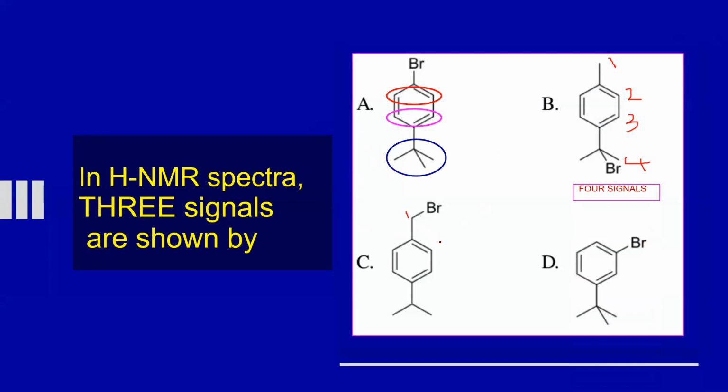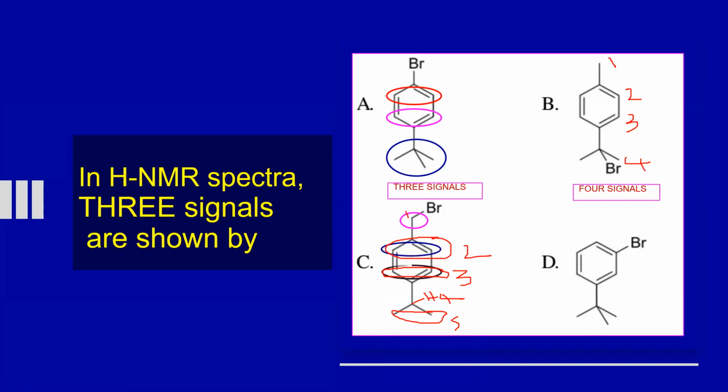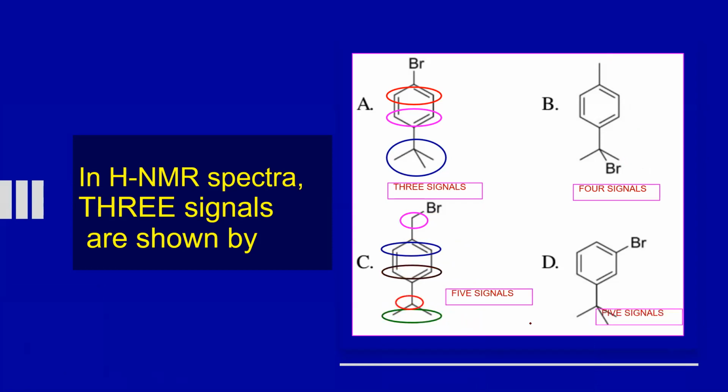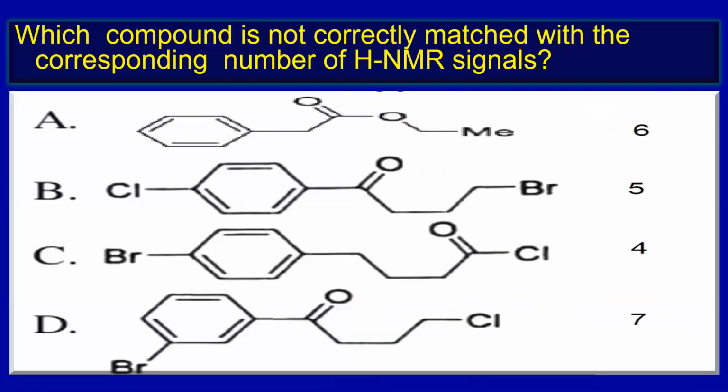Then again 1, 2, 3, so there is a proton. 4, 5. Yeah, it's there already. So here again you will get 5 signals. So the answer is this.